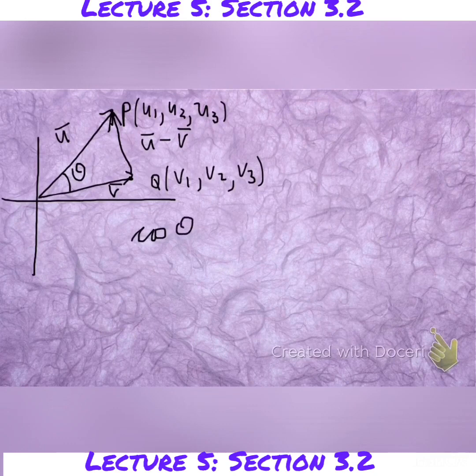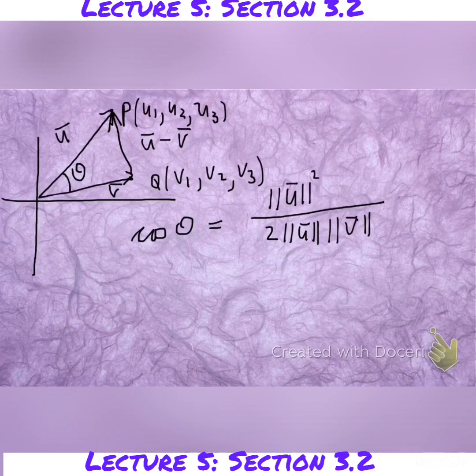of the angle theta is going to be 2 times the length of the one edge, which in this case is the norm of the vector u, multiplied by the norm of the vector v, which is the length of the vector v, and then on top we've got the norm of the vector u squared plus the norm of the vector v squared, minus the norm of the vector u minus v squared.